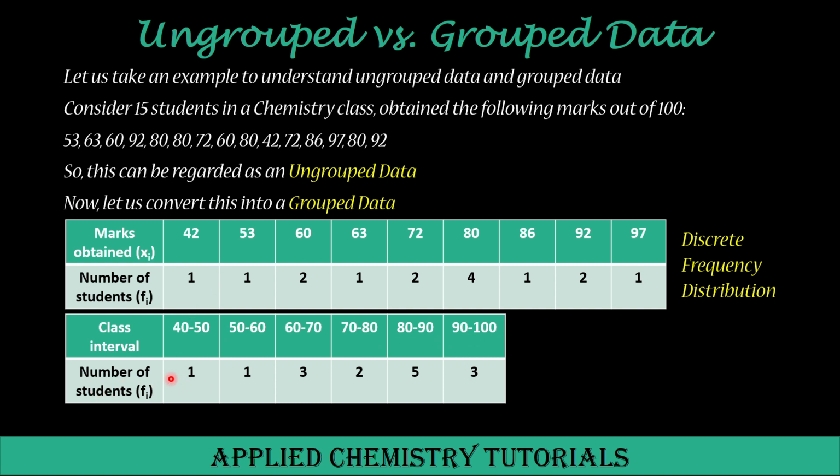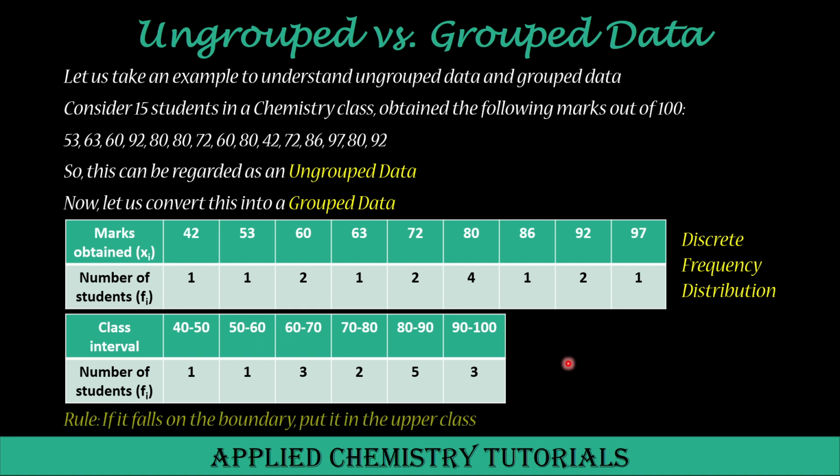The number of students in the 40 to 50 class interval is only 1, because one student got 42. One student got 53 and two students got 60. The one who got 53 definitely falls into the 50 to 60 class interval, but there is an ambiguity whether the two students will land in the 50 to 60 category or the 60 to 70 category.